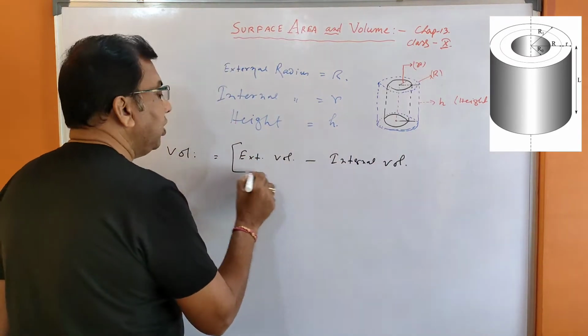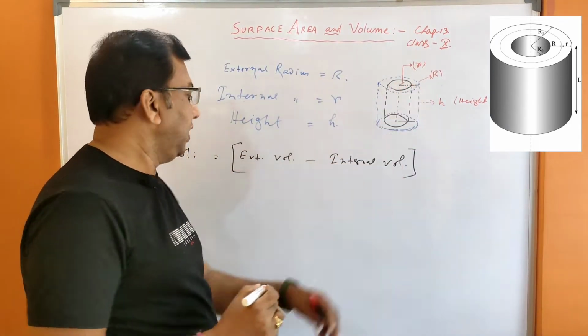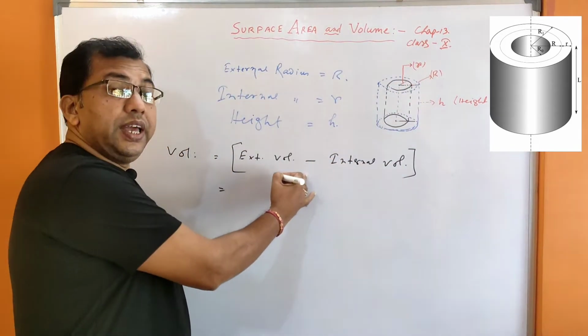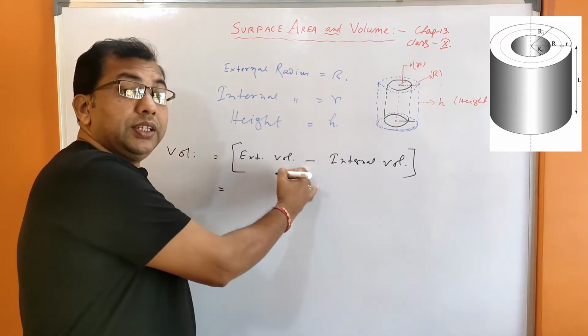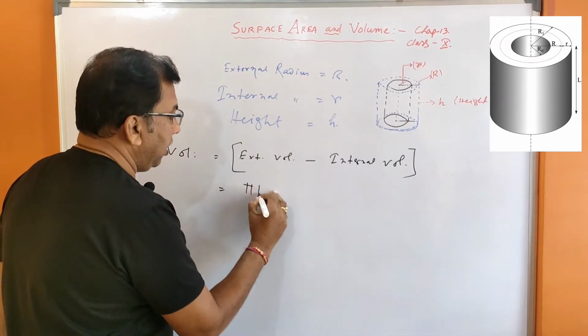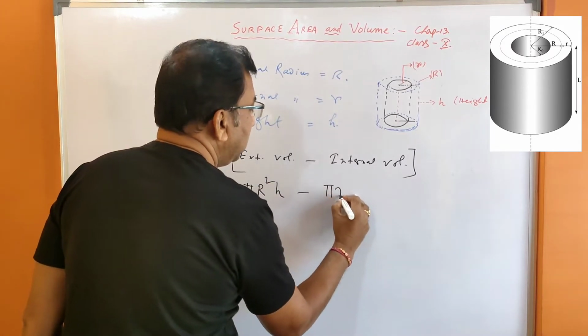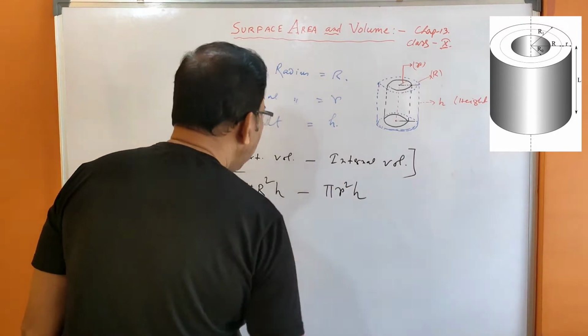Okay, this is the formula. The external volume is pi R square h. Clear? Is it minus or plus? Okay, so external pi R square h minus pi small r square h.